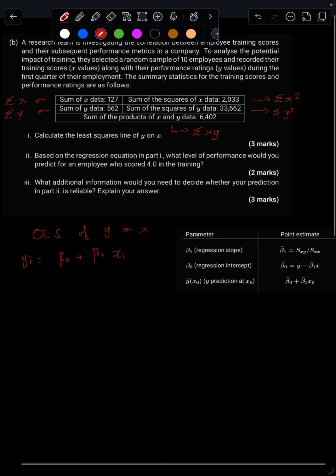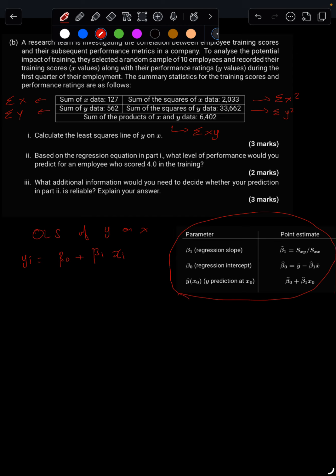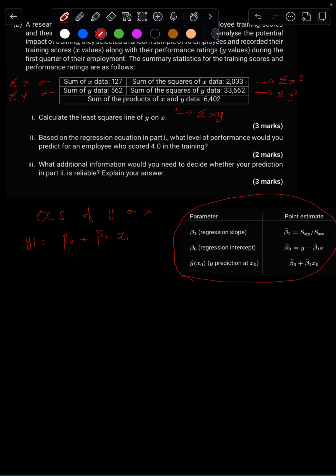Okay, if you flip to the last page of your answer sheet, you're going to have these formulas. Let's write them down. Beta 1 hat is sxy divided by sxx, and beta naught hat is y bar minus beta 1 hat x bar.